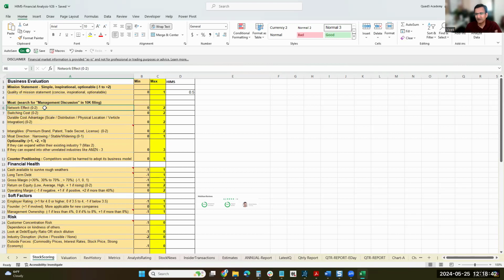The moat can come from a network effect, from a switching cost advantage, intangibles. So I'm going to go through each one of them and see, does this business have a moat or not? Does it have a network effect? Network effect means any new person joining the company will make it better for everyone else.